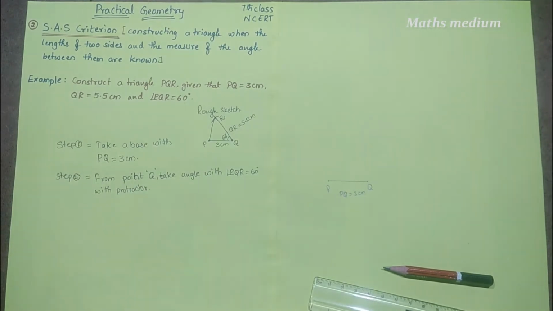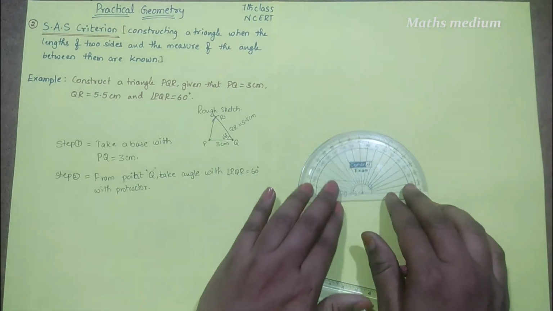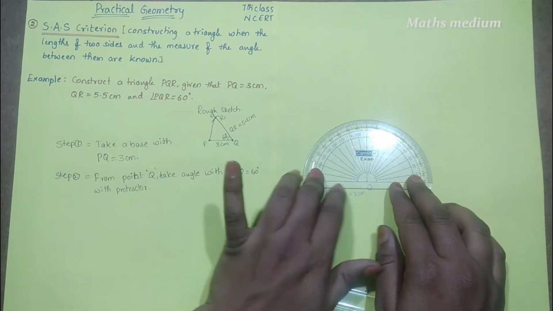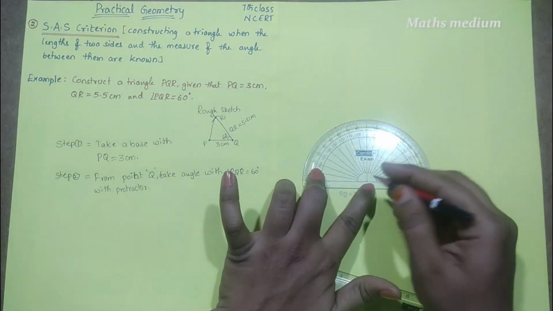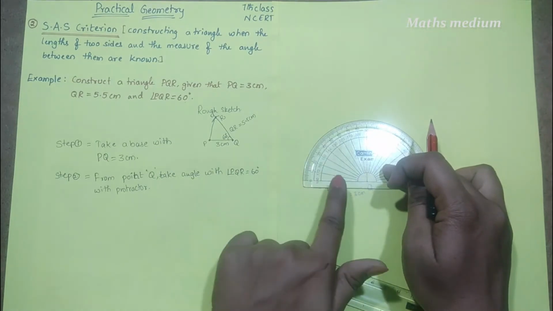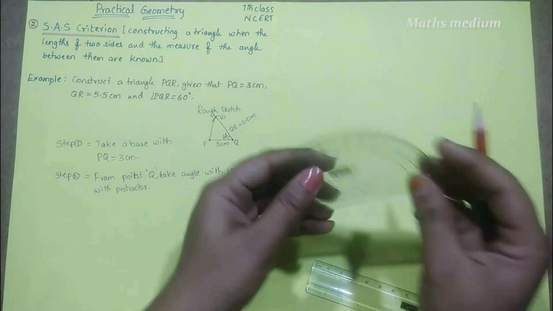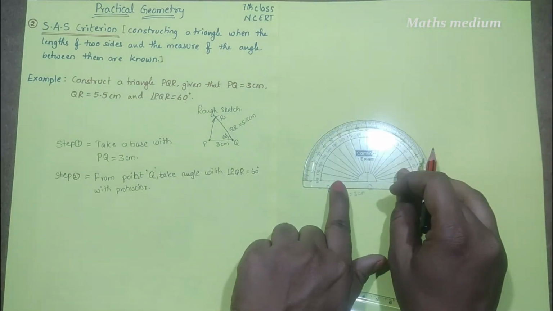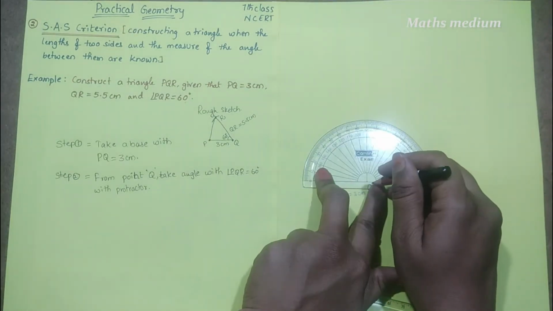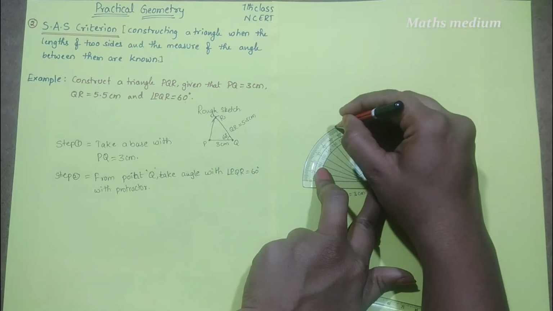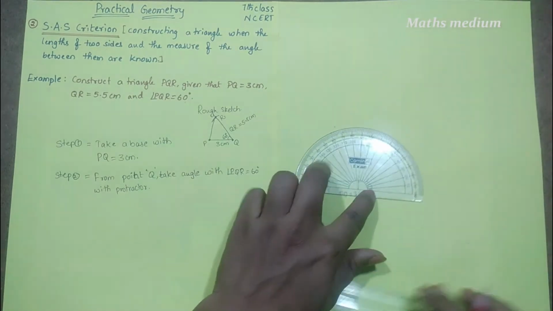Okay, now take the protractor and put it here at the Q point. See one thing here, when you are using a protractor, the middle point must and should be aligned with the line where we are measuring an angle. So it is Q with 60 degrees. So here it is 60 degrees.